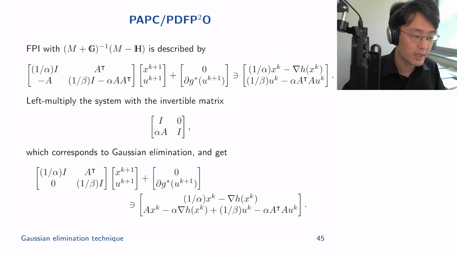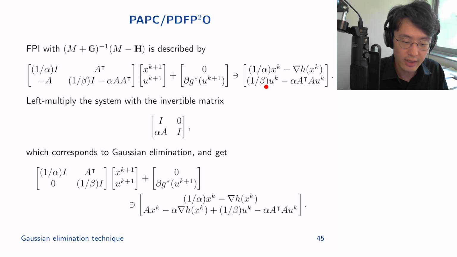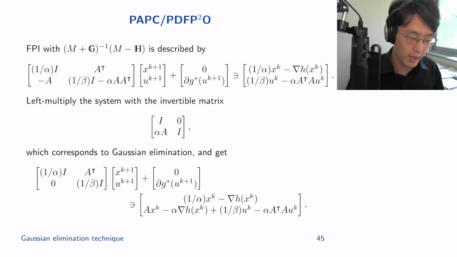So now let's express the fixed point iteration with this variable metric forward-backward splitting operator. This fixed point iteration maps xk, uk to xk plus 1, uk plus 1. So first we apply M minus H to xk and uk, and this is what we get. The H operator gives us this gradient step, and then the lower right-hand block of M gives us this form relating to uk.